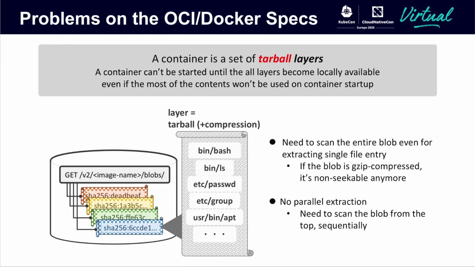This means we need to scan the entire blob even for extracting a single file entry. If the blob is gzip compressed, it's not seekable anymore, and we cannot extract it in parallel. So we need to scan the blob from the top sequentially. Because of them, we need to wait a long time for the pull and extraction completion on container startup.